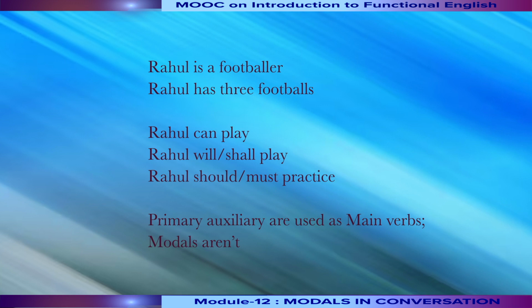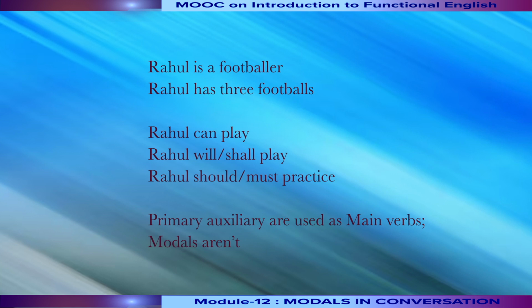We can take another: Rahul must practice. Footballers, all sportspersons, in fact everyone, have to practice to do things well. So we have one group of sentences, Rahul is a footballer and Rahul has 3 footballs, on this side, and on this side we have Rahul can play and Rahul shall play.